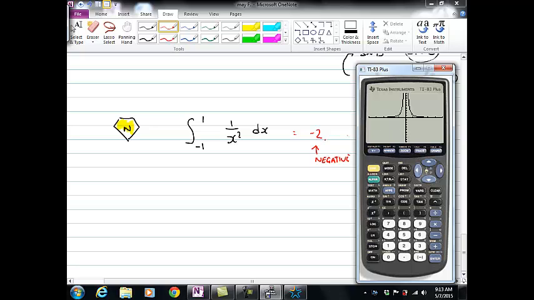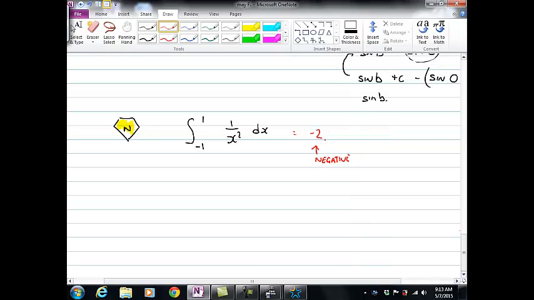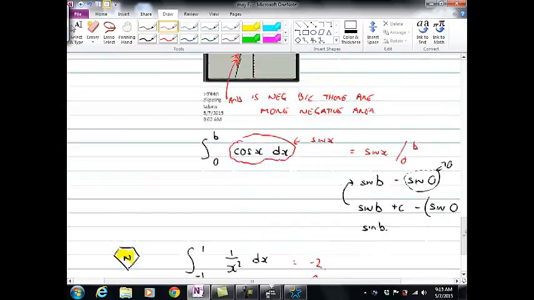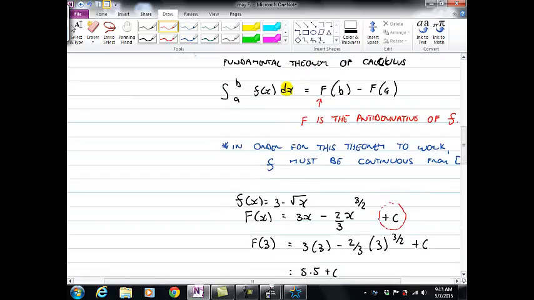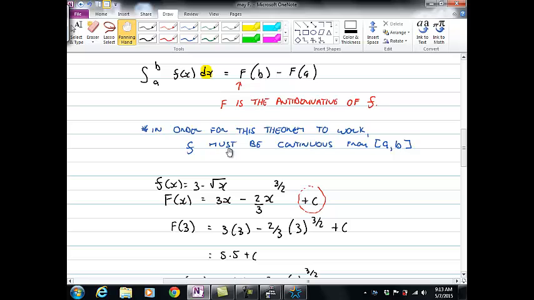There's actually a twist to this question. Anyone see the twist? It breaks the fundamental theorem of calculus. Oh, someone said it. It's not continuous. I even highlighted it for you. In order for this theorem to work, f must be continuous. That was the main part.